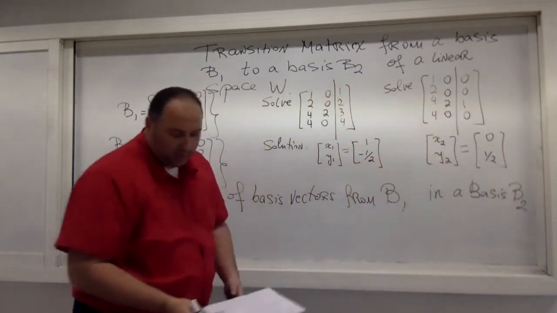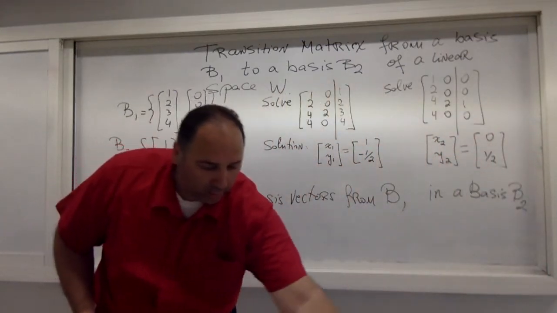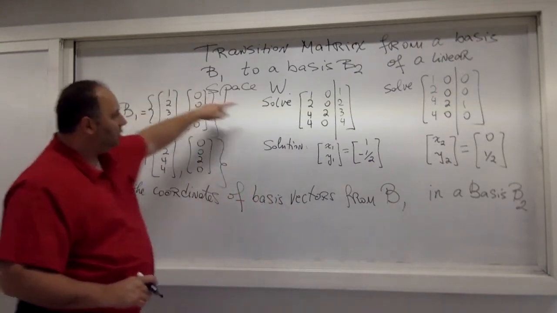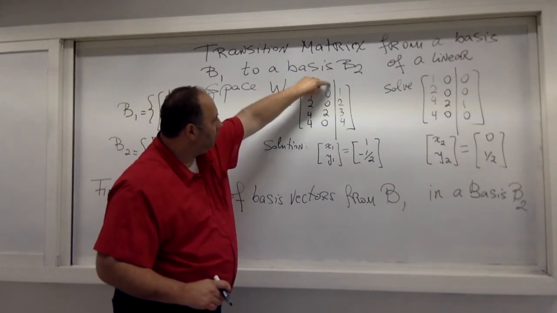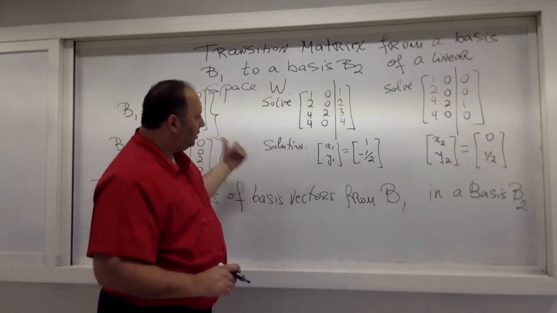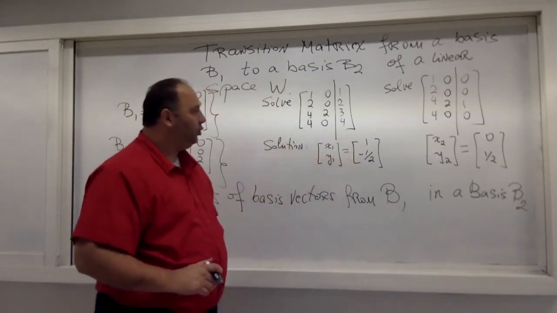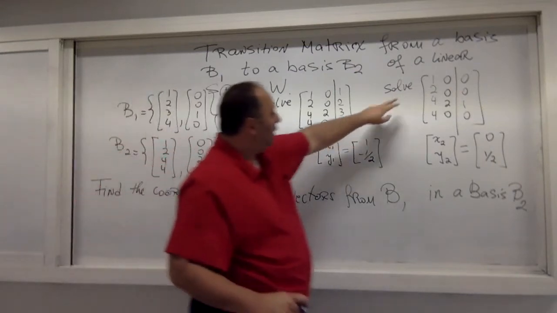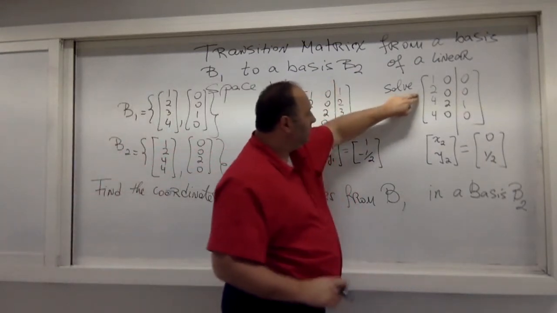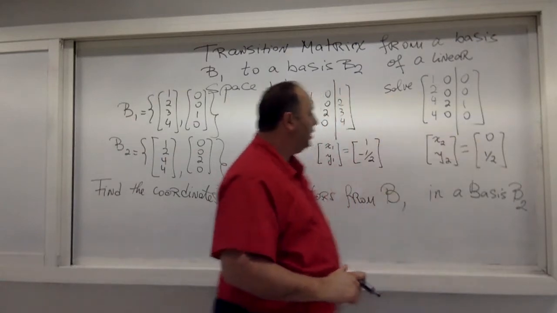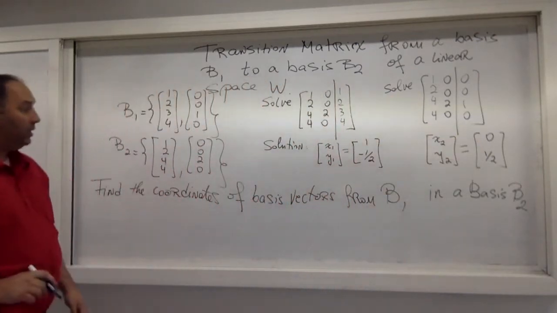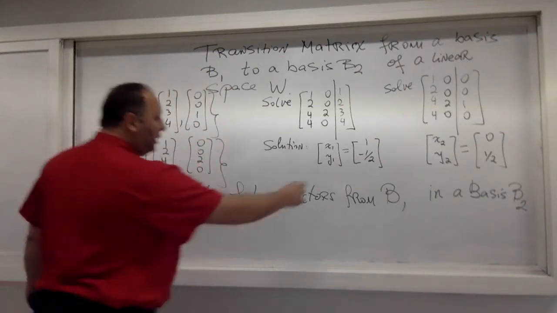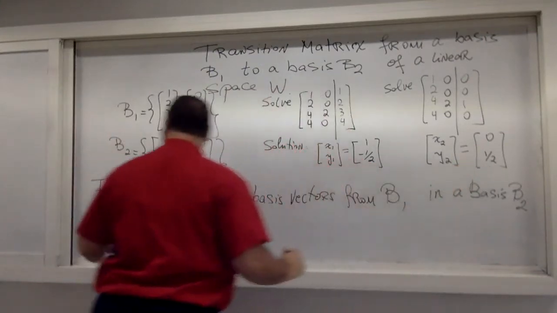So what this means is that the coordinates of this basis vector, so given by solution of this system, in basis B2 are 1 and negative 1 over 2. Coordinates of the second basis vector are given as a solution of this system and are 0 and negative 1 over 2. So the transition matrix is actually given by these two columns.